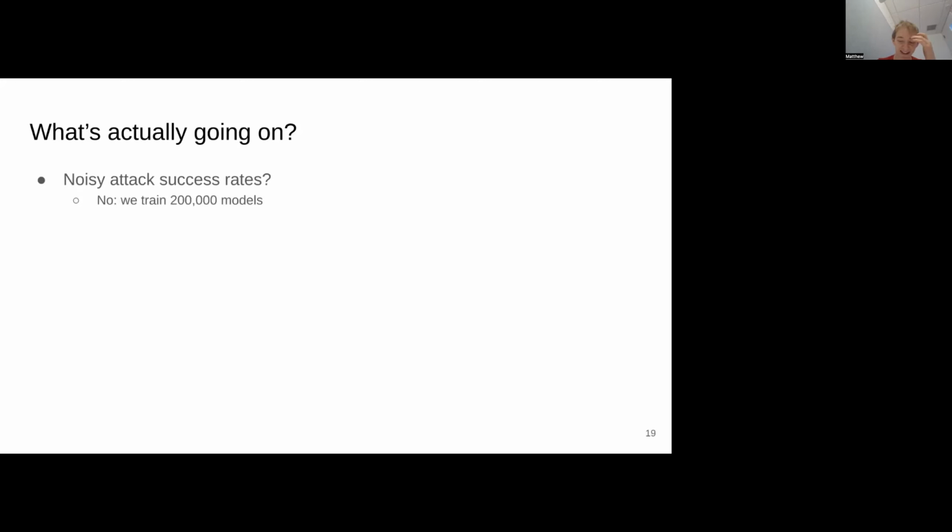As a bit of an aside, there've been a couple papers that I've written that have trained a lot of models. There's this paper called Auditing DPSGD, so Differentially Private Stochastic Gradient Descent. We trained 1 million Fashion MNIST models for this. So this is even more than this data set, or than this paper.